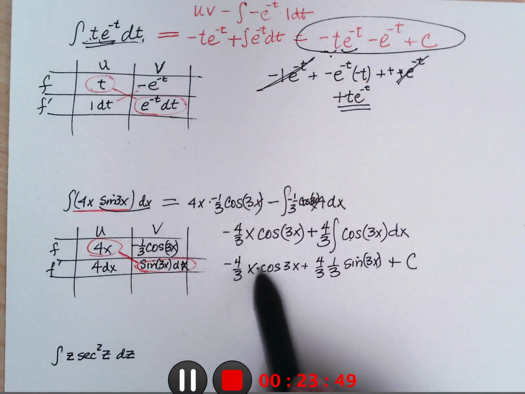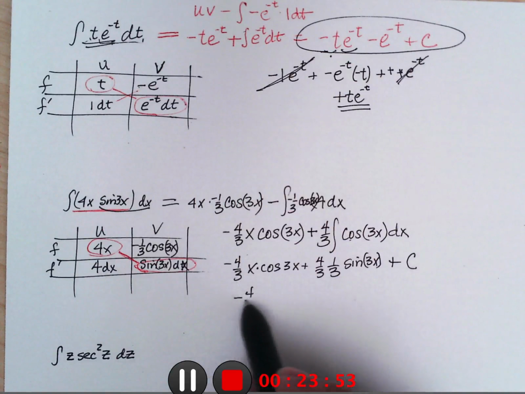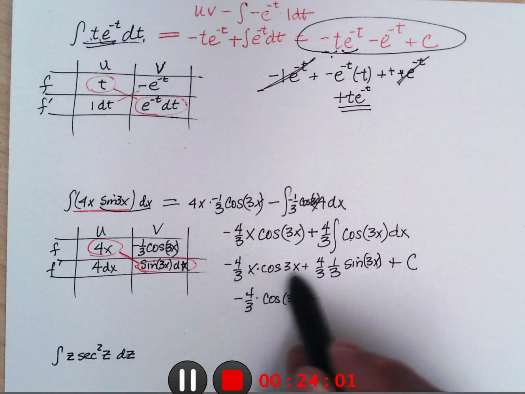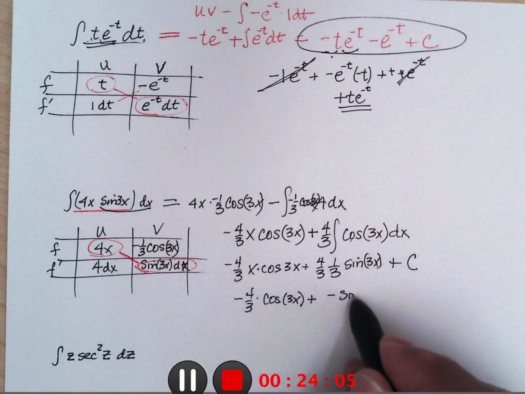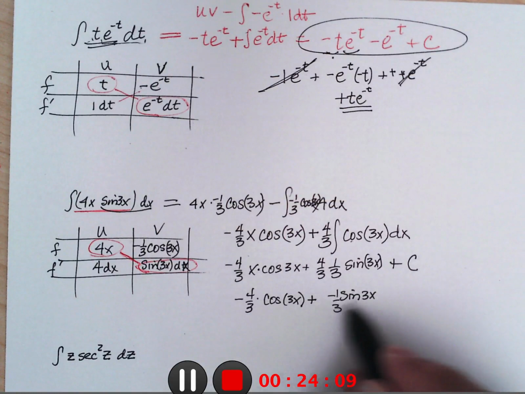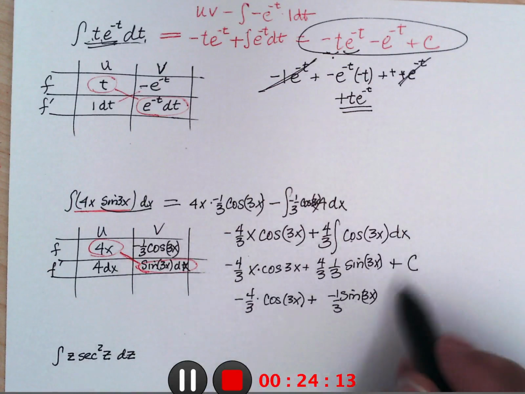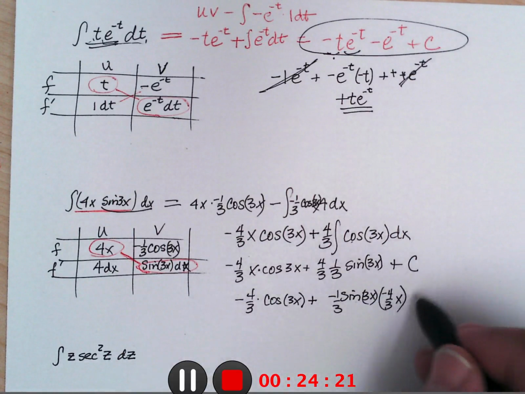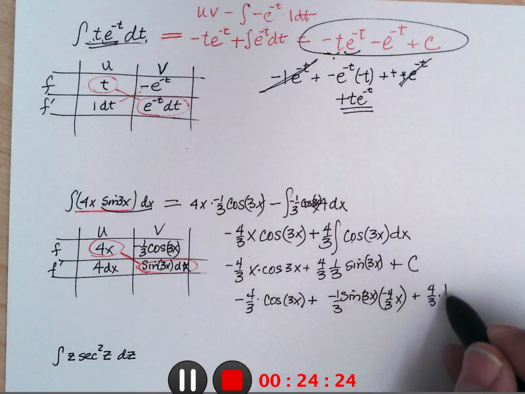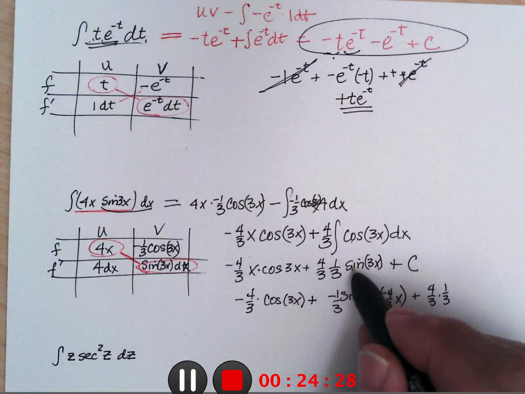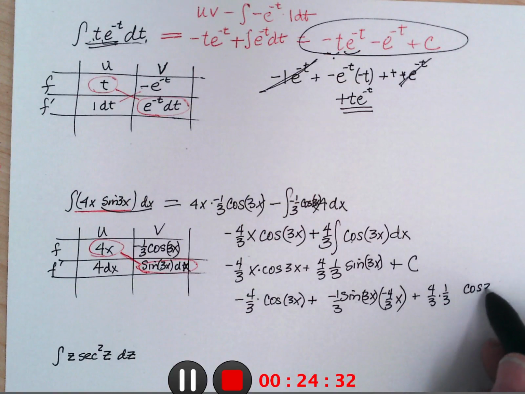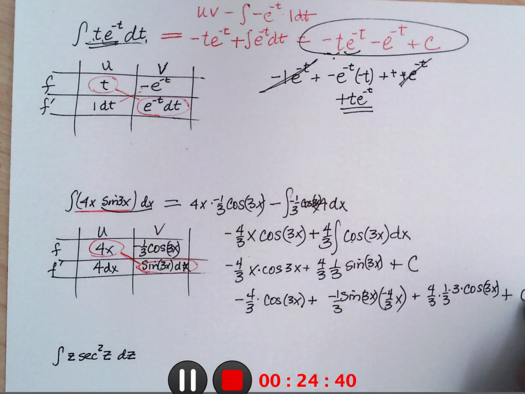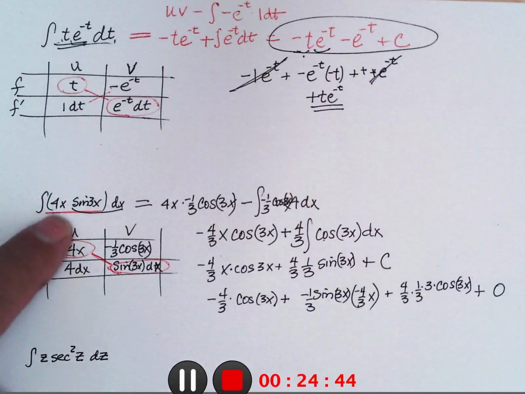So I'm going to take the derivative of the first, which is negative 4/3 times cosine of 3x, plus the derivative of cosine of 3x is negative sine 3x times 1/3, derivative of the inside, times the first, which is negative 4/3 x, plus 4/3 times 1/3, derivative of sine of 3x is cosine 3x times 3, plus the derivative of the constant is 0. Is that 4x sine of 3x? Sure looks messy. Let's see here.